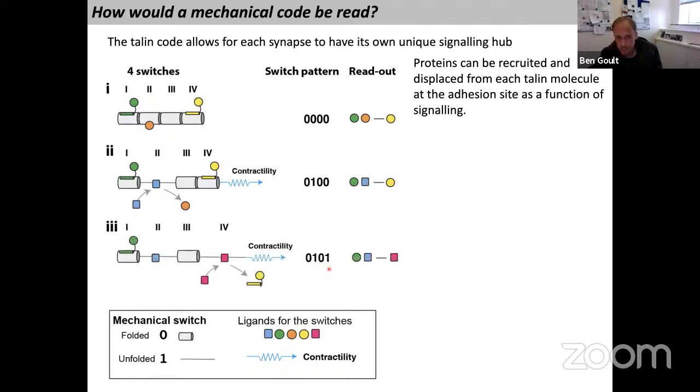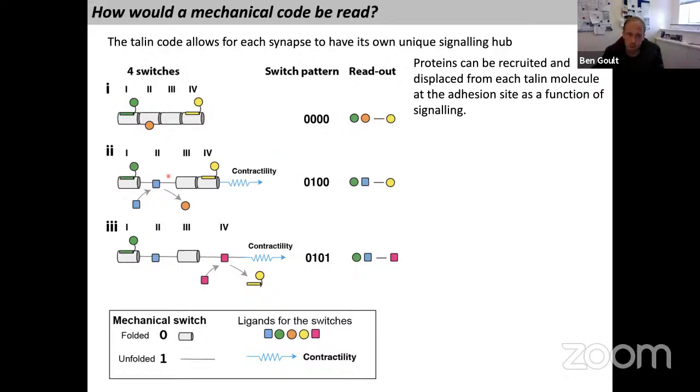I'll skip through this because we've already talked about it in essence. But if you start to imagine a binary coding in a specific synapse, then if you had an on or off state, you might have one set of synaptic regulators, scaffolding proteins, etc. bound. So your readout of that pattern would be one certain signaling complex, one certain activation state of a synapse in essence.